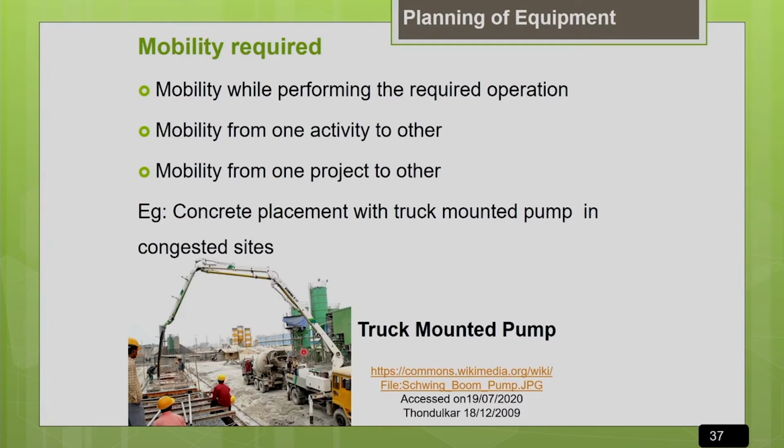This is a concrete pump mounted on the truck with a boom arrangement, just like a crane. It helps to place the concrete at the required location. So in congested sites where mobility is needed, you can go for this particular option. Like this, there are different options available depending upon the requirement and the conditions at your site. You have to go for the selection of your machine.